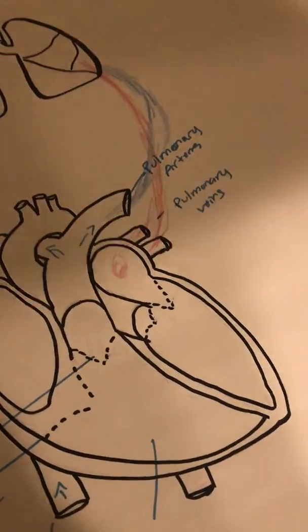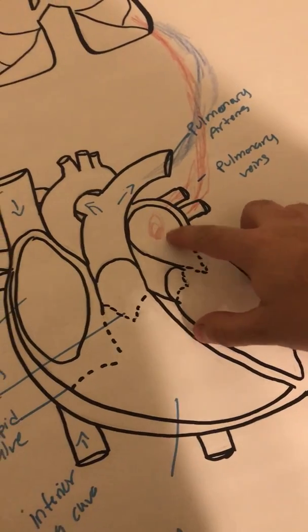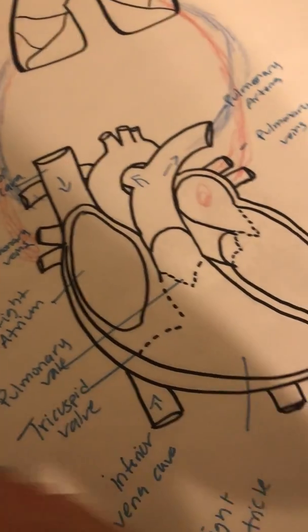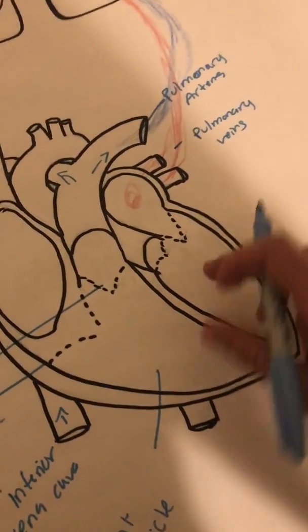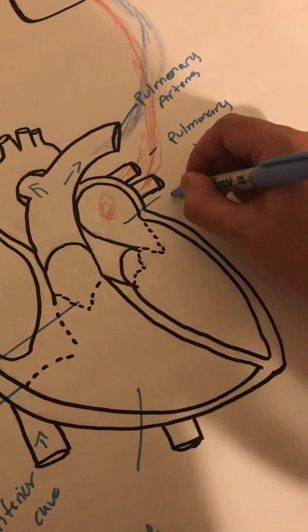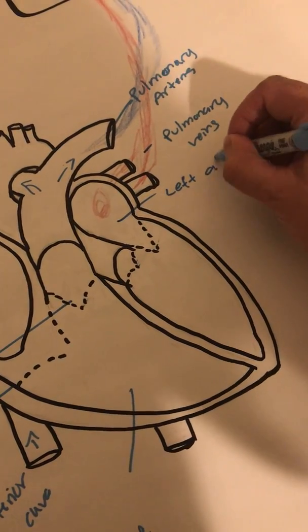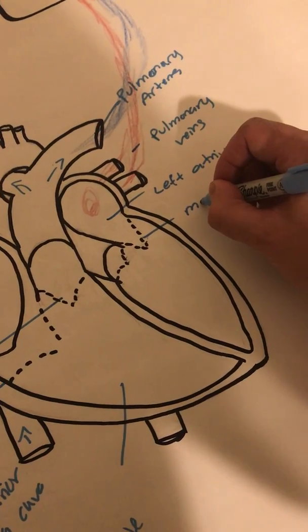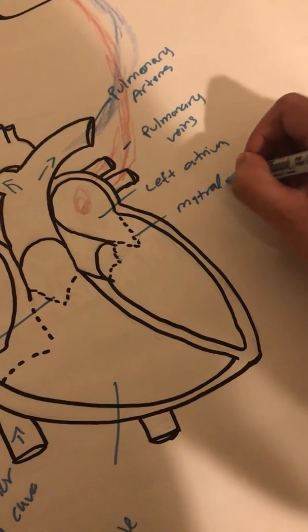And once the left atrium is full with blood, it's going to open this valve, which is called the mitral valve. So we'll label this left atrium, and then this is the mitral valve. I don't know if I'm spelling it right.